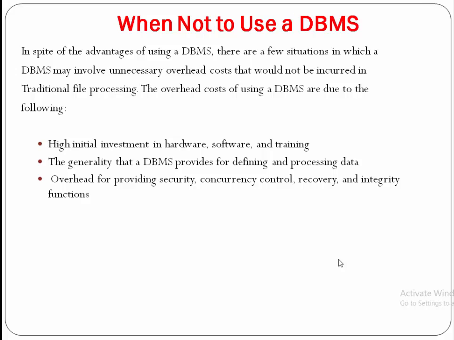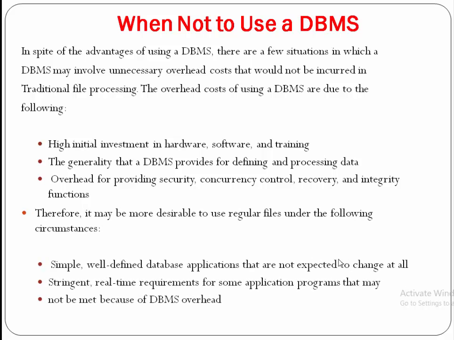And a DBMS creates an overhead for providing security, concurrency control, recovery and integrity functions. When we don't need security and concurrency control, and when we don't need recovery and integrity functions, in that case instead of using a DBMS we can use a traditional file system. Therefore it may be more desirable to use regular files under the following circumstances: when our data is very simple and well defined, and database applications do not need expected changes many times.